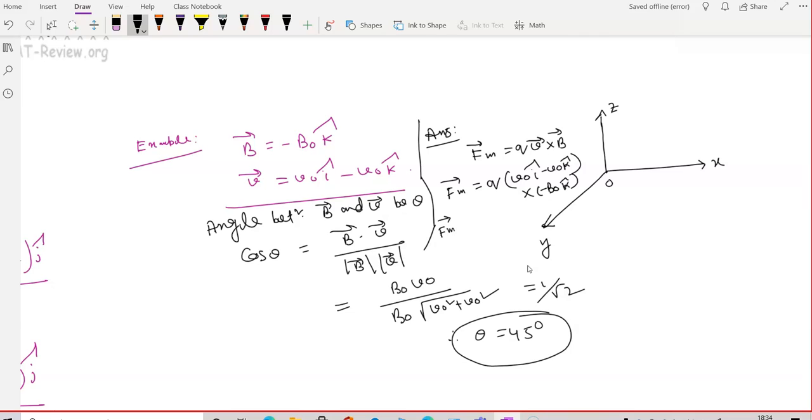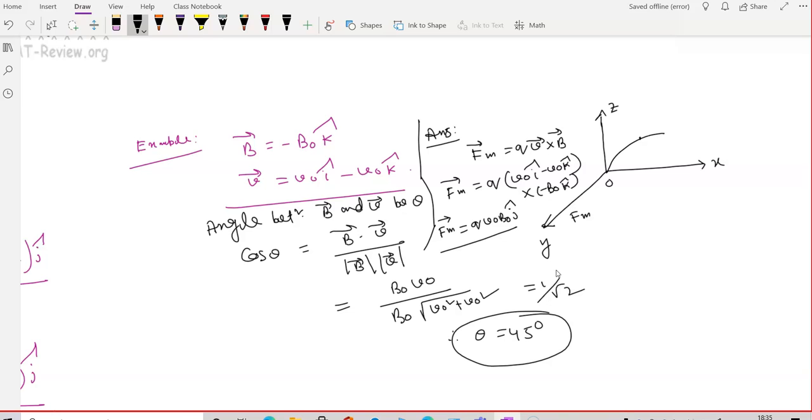So Fm is going to be i cross k gives minus j, so it will be q V0 B0 j. Isn't it? So it will experience a magnetic force in this direction, but it will describe a circular path in this plane.